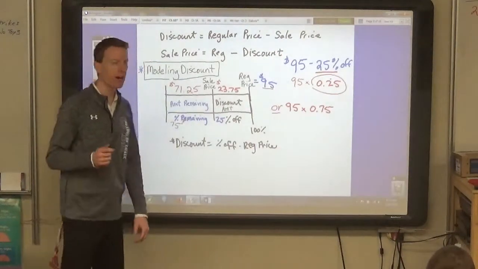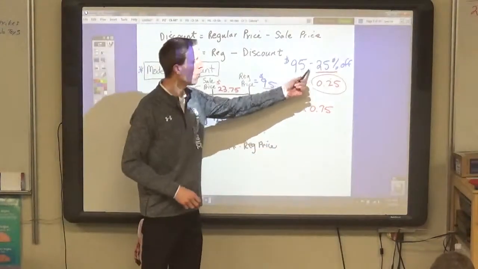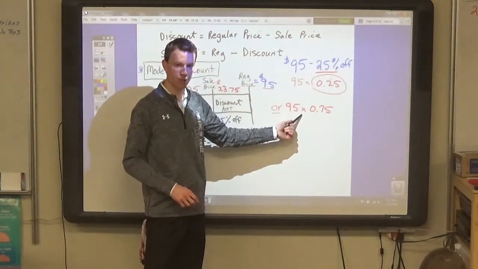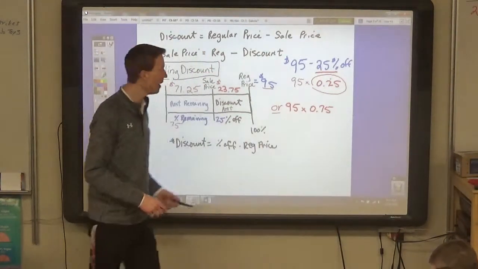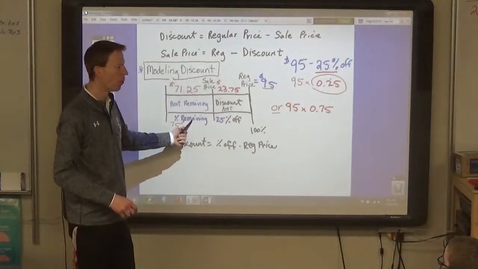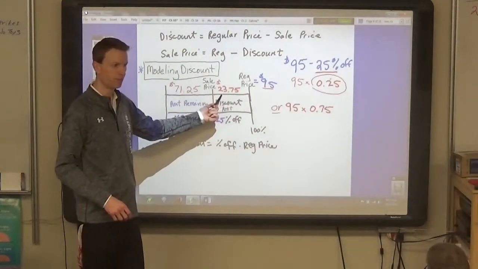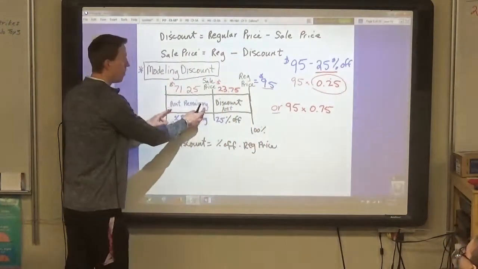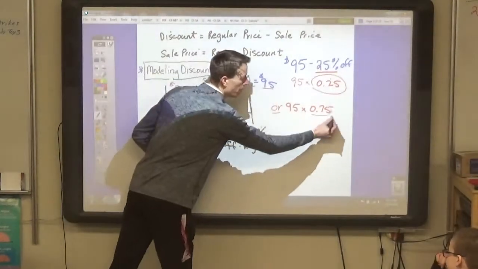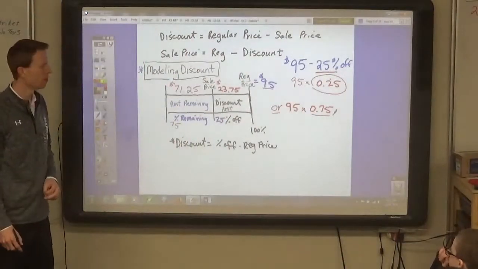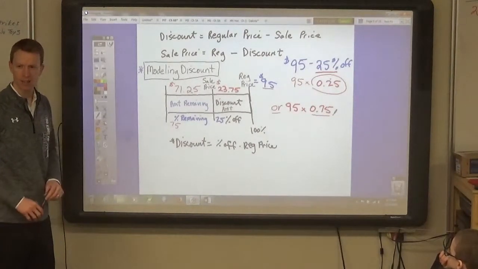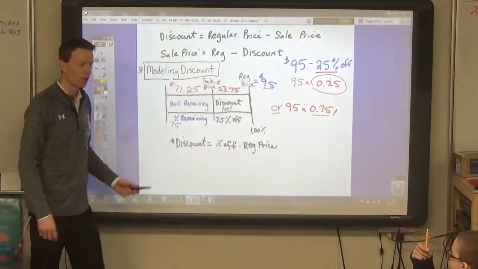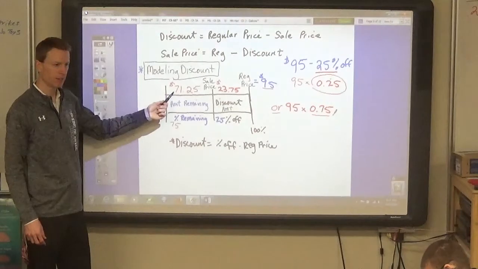So another way to do this is if it's 25% off, if we find 75% of the total, or the remaining percent of the total, we can skip the subtraction part, can't we? So we could just find the remaining amount right away, using the remaining percent. If we find 75% of the amount, we're finding the price that we have to pay.